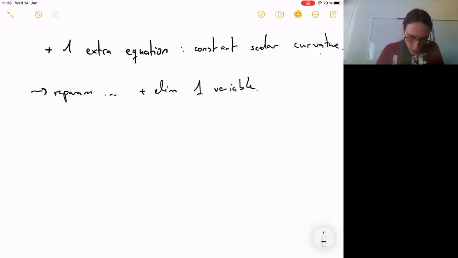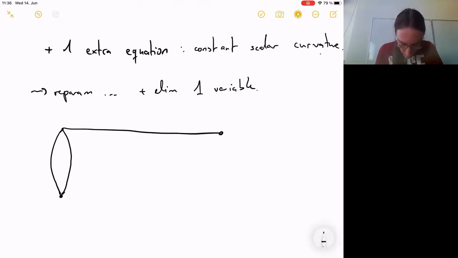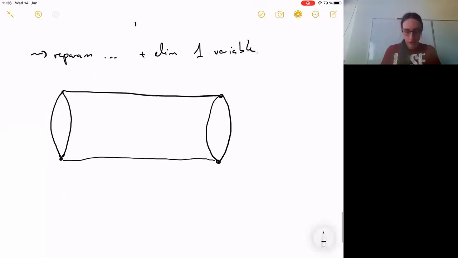So what does this whole ODE live on after the reparameterization? It will live on something compact, and it will actually live on some cylinder. So you have some cross section which looks like this with 2 corner points, and it will live on a compact cylinder over this thing.